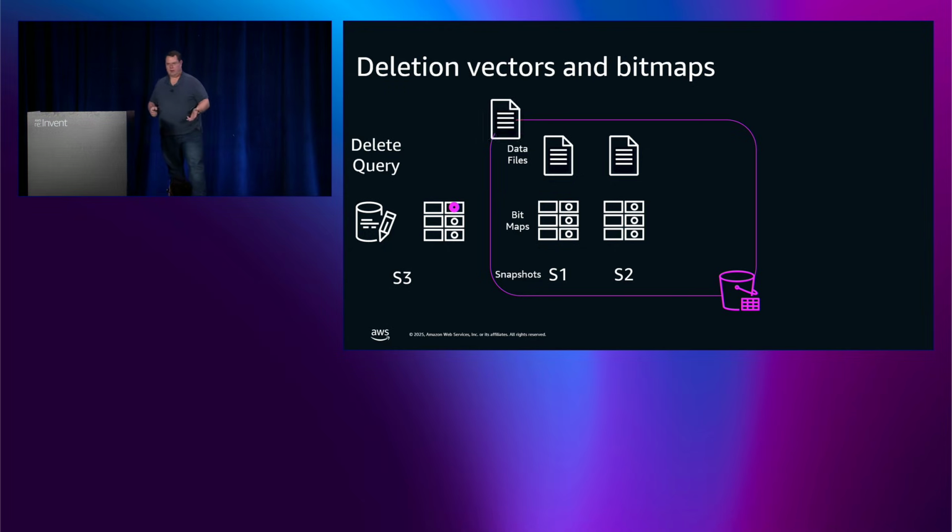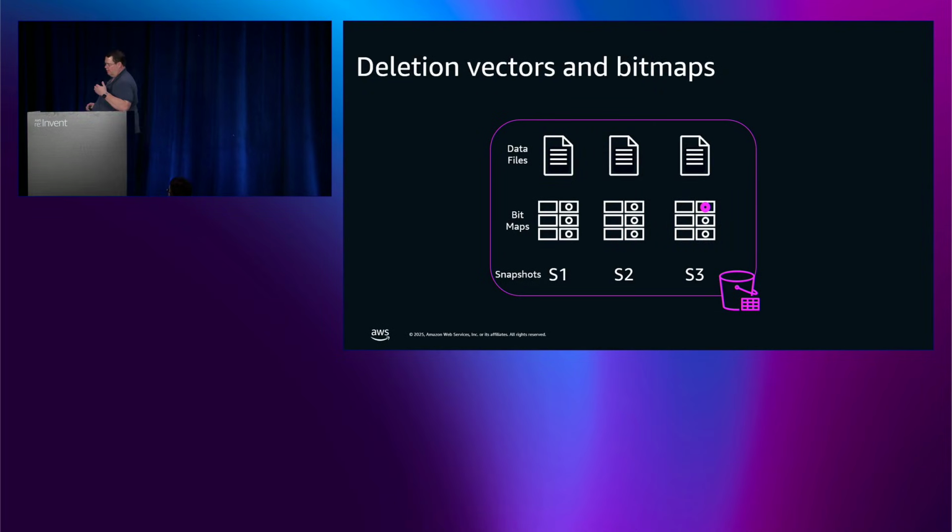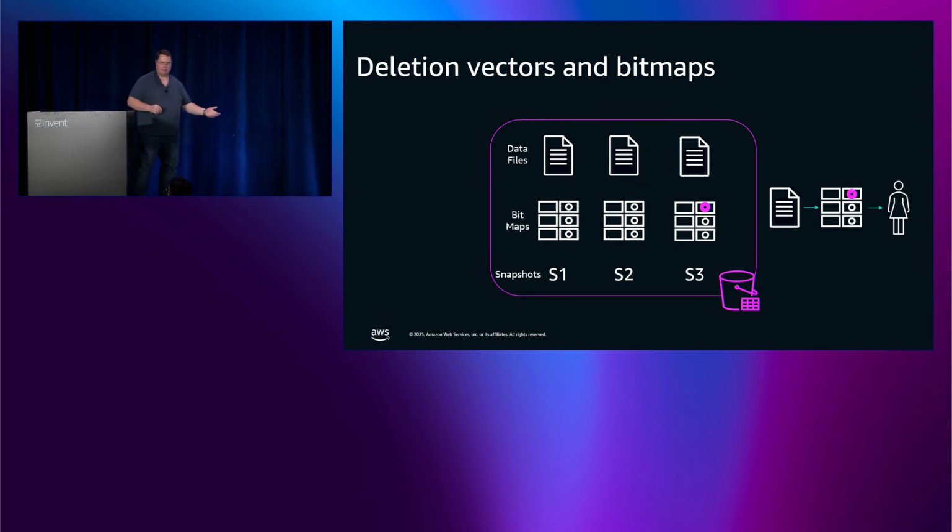So as part of that S3 transaction, we'll make sure that the data file is committed on disk. We'll make sure that the bitmap is also committed on disk. And then that transaction is committed into my table. So when it comes time to consume that data, we'll grab the data files, we'll grab the bitmap, and then we'll use that bitmap to filter out the result set as we're returning the data to the calling application.